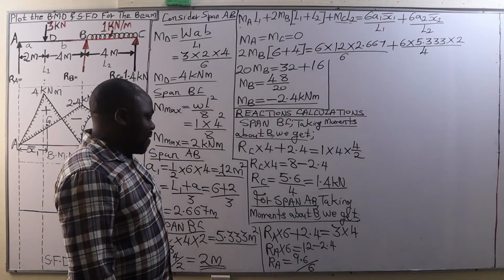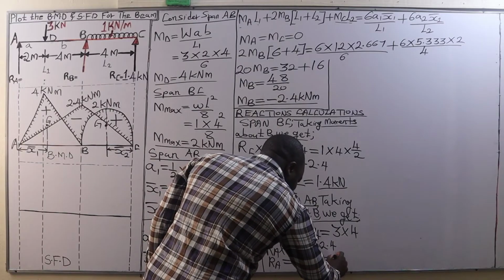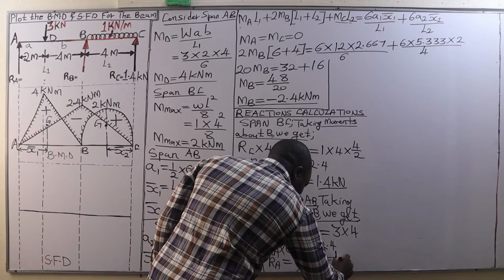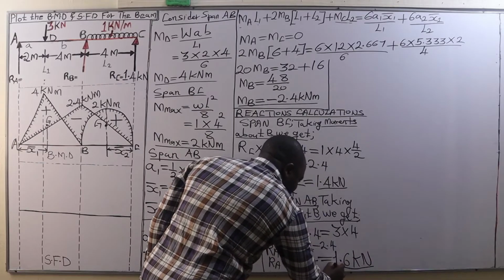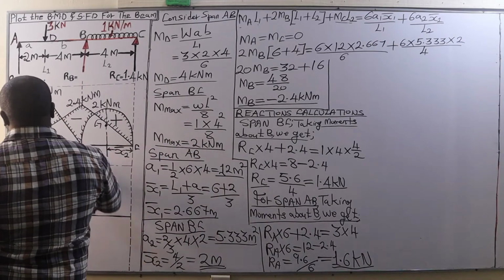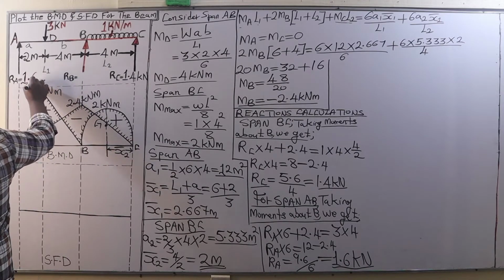And 9.6 divided by 6, that is 1.6 kilonewtons. Therefore, the reaction at A is 1.6 kilonewtons.